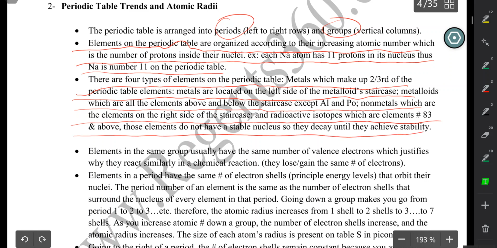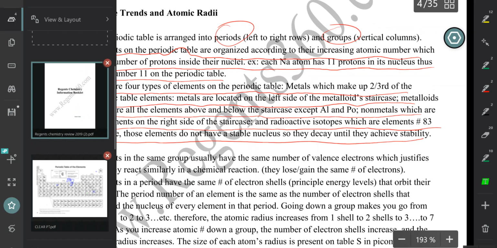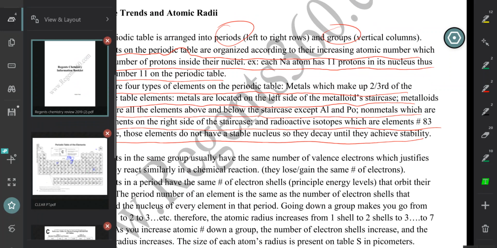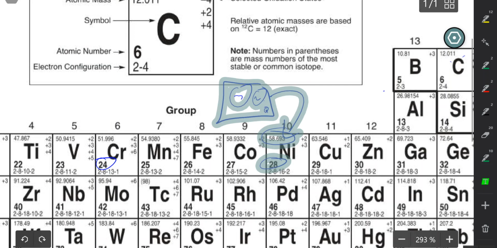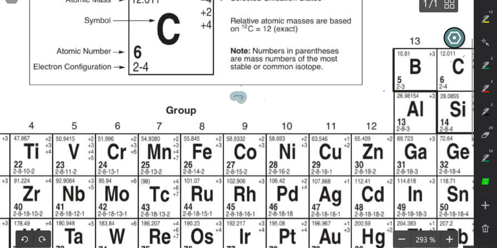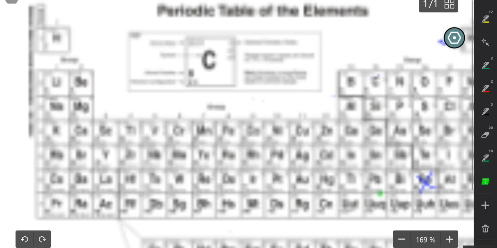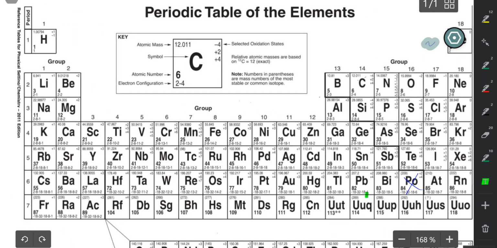All right, so let's see what this means. Explain that. Here's the periodic table. Like you just read, it is organized in periods and groups.